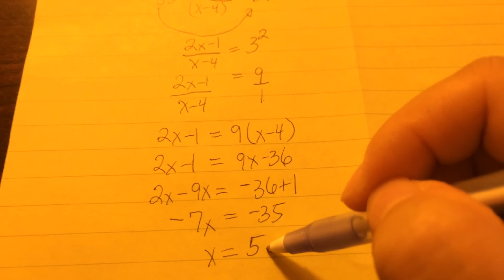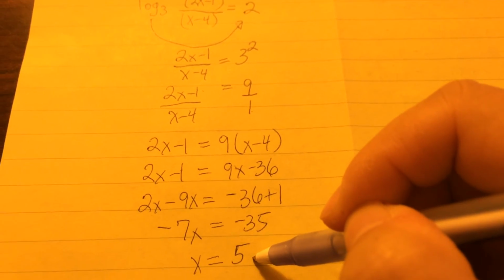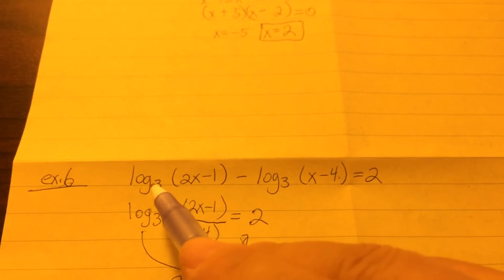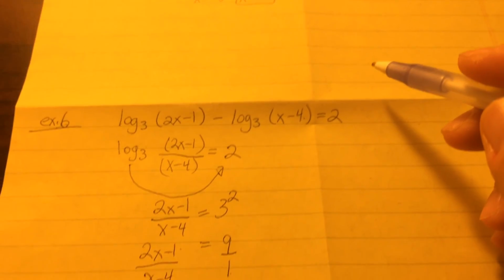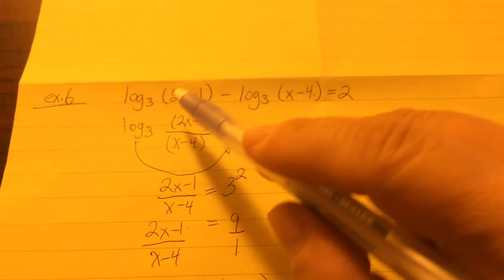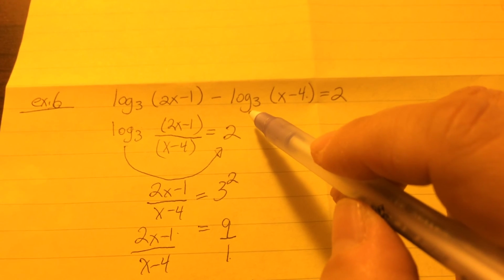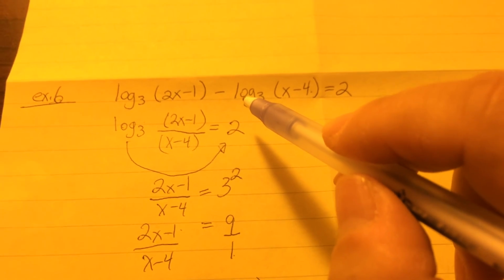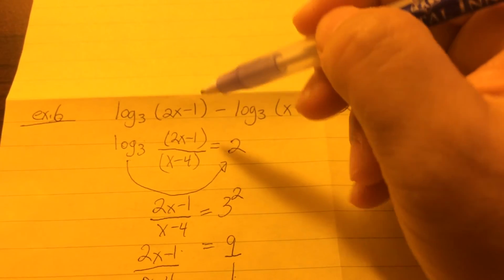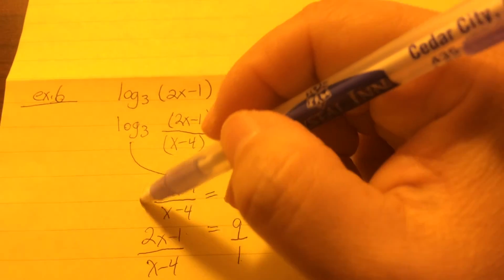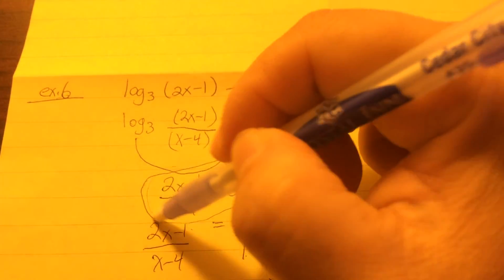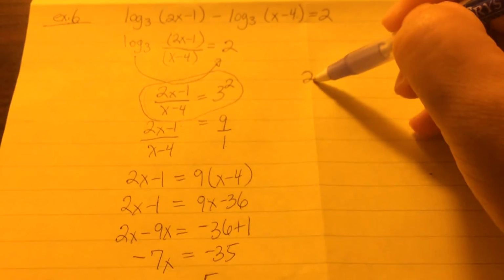Okay. And again, I would always go back and check this to make sure it works. So I would put it back in here. Actually, I can't put it back in here because this is base 3. Because remember, if you put in base 3, you can't put it in the calculator. So we would have to put it into this form right here. I think this would be the good place right here. So then you would put in 5 for x.